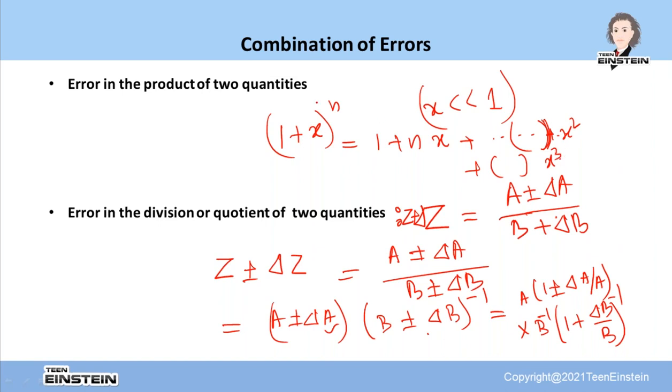Okay, you might be thinking where I'm getting this thing that I have to introduce here. Actually look, I have a quantity now, 1 plus delta b by b whole to the power minus 1. So I'll be using this formula to simplify this one a little bit. This is plus minus. So I can write here plus or minus, see, minus of 1 into delta b by b.